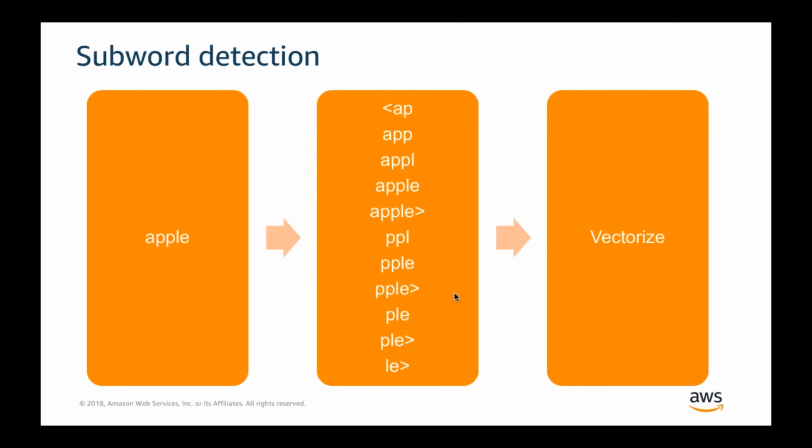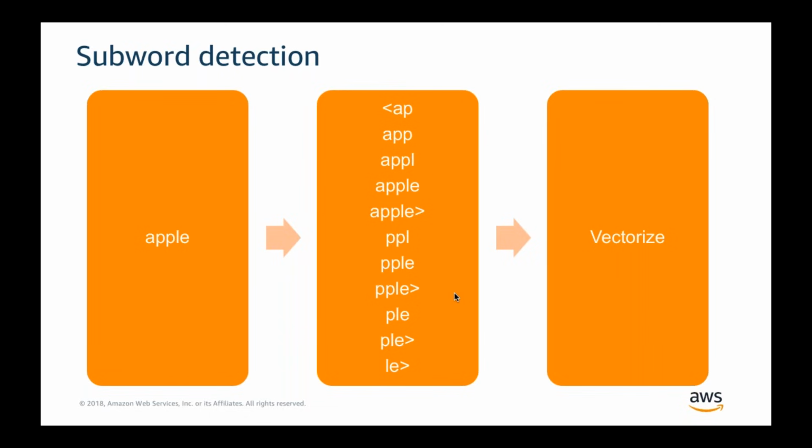You would apply this to another word that's similar, and you would still be able to vectorize this word and not just error out, right? You're not completely out in the open.